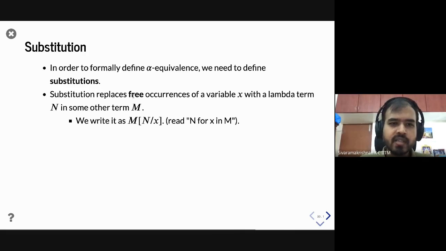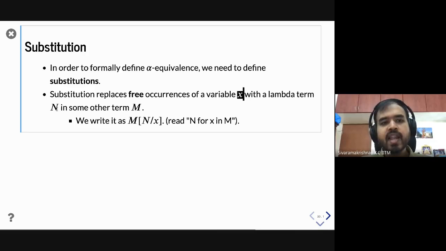What substitution does, it replaces all free occurrences of a variable, let's say the variable is x, with the lambda term n in another term m. So the idea here is I give you a term m. This has some uses of x's, right? But all of those x's are free.